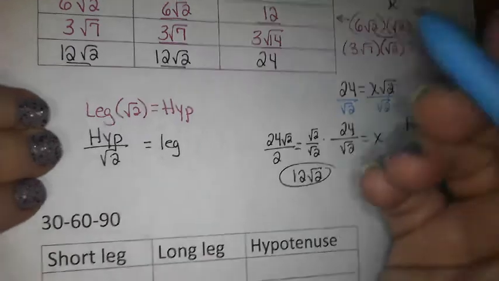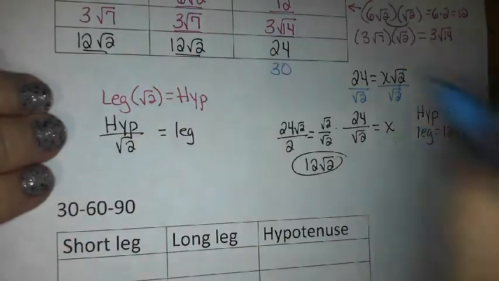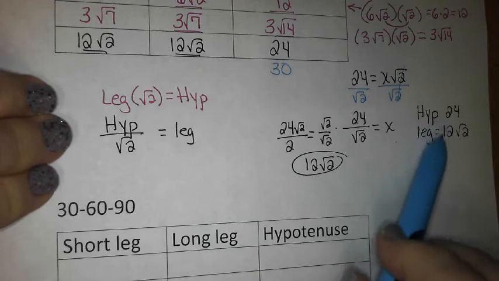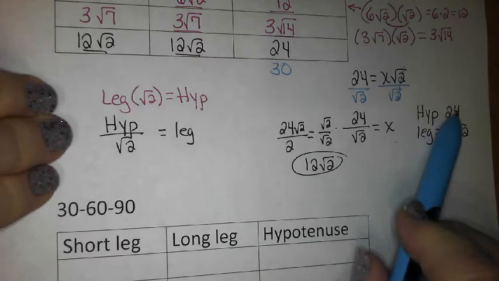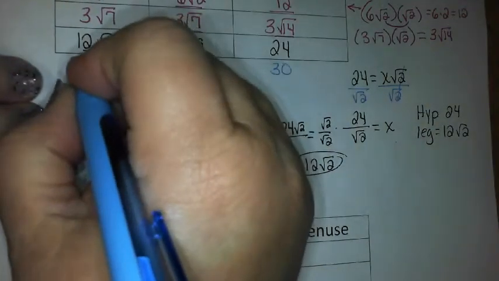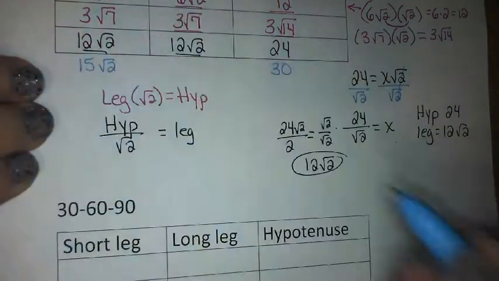I'll throw one more in for you. What if the hypotenuse was 30? Without doing any of this work, what would the leg equal? So just look at the shortcut. I went from 24 to 12 root 2. So if the hypotenuse was 30, I think the leg will be 15 root 2.